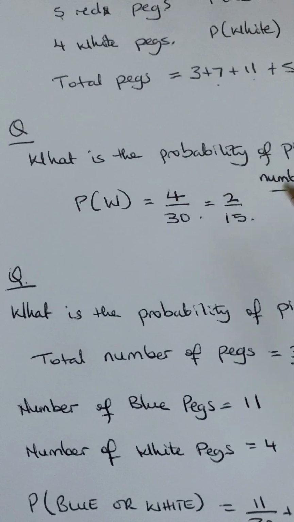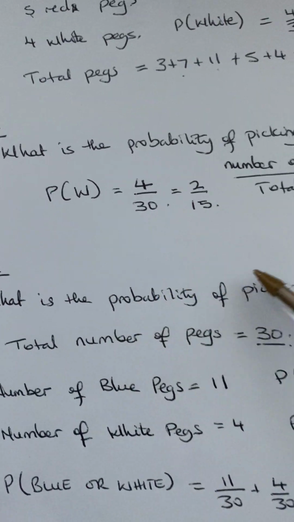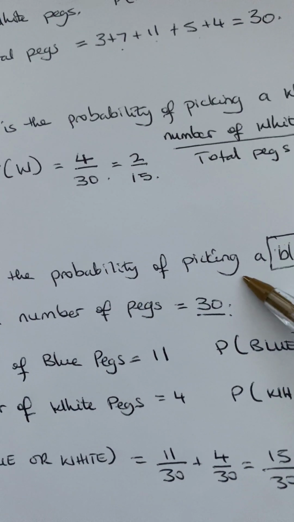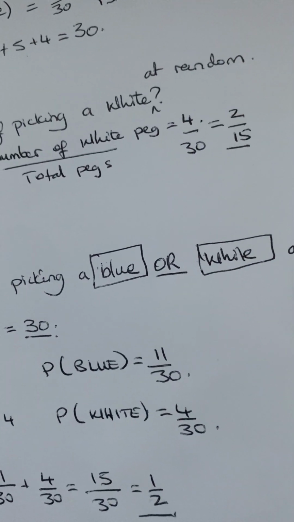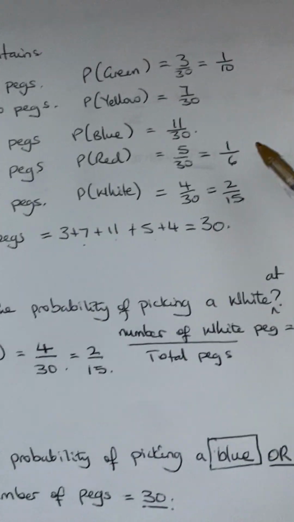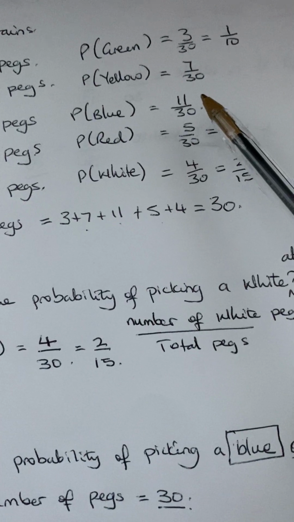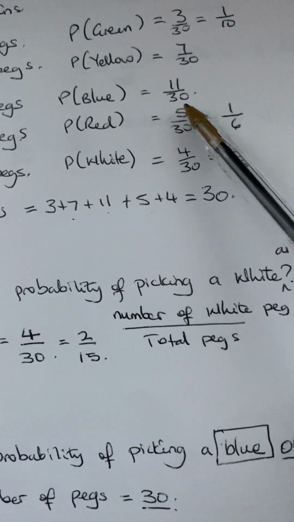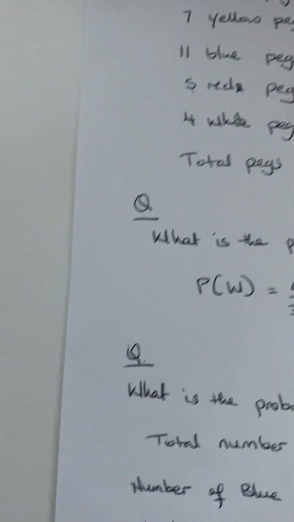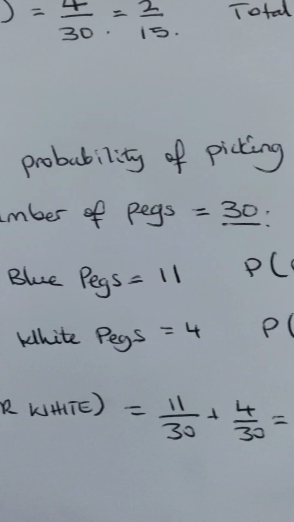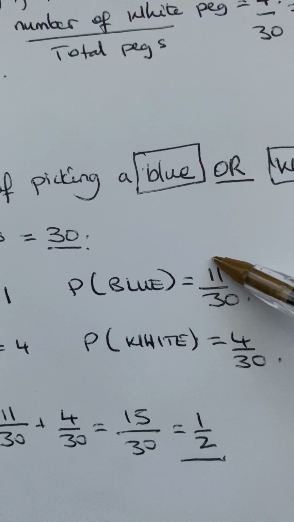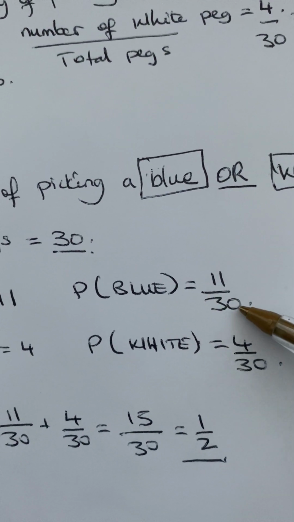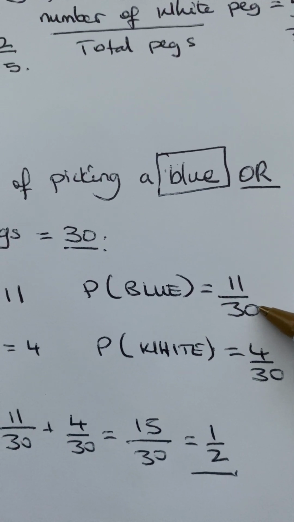Question again. What is the probability of picking a blue or a white? Now, the probability of picking a blue is 11 out of 30, which I've written here because there are 11 pegs out of a total of 30.